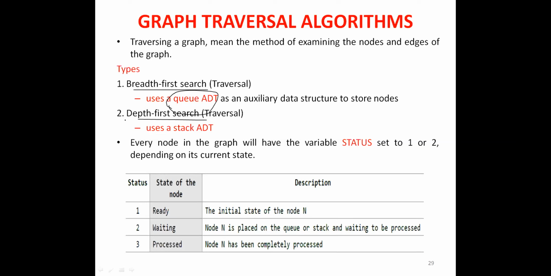The other one is depth first search, where it uses the stack ADT as the auxiliary data structure to store the nodes. When we are applying the algorithm, these are the basic things we have to know. Graph traversal is nothing but visiting all the nodes in the graph.